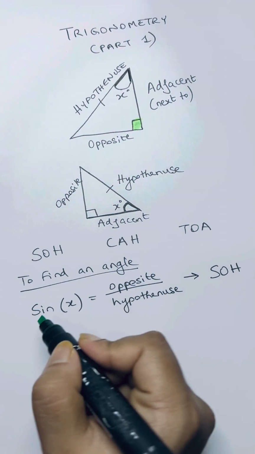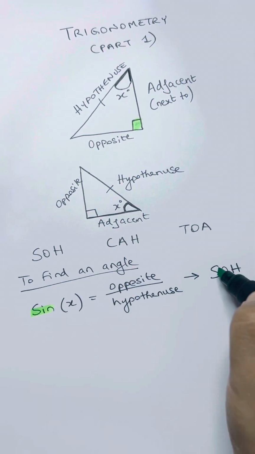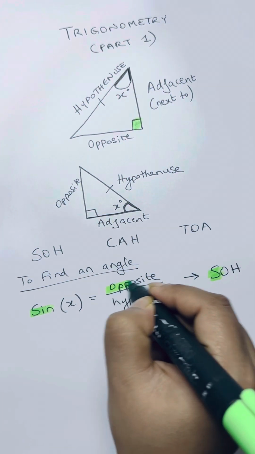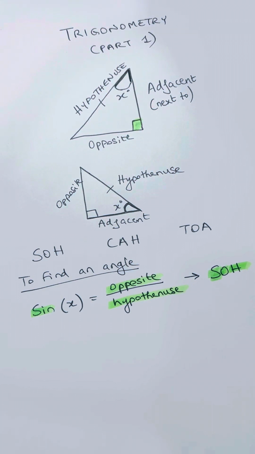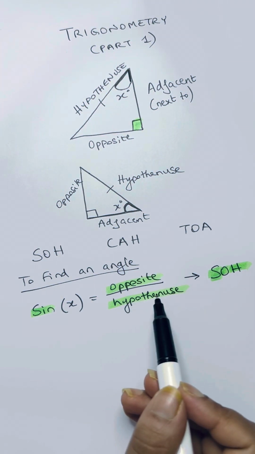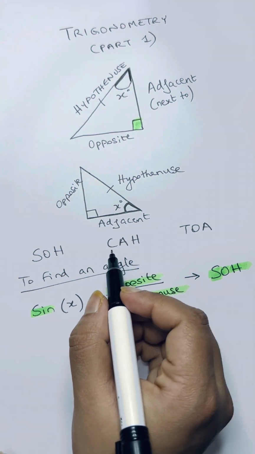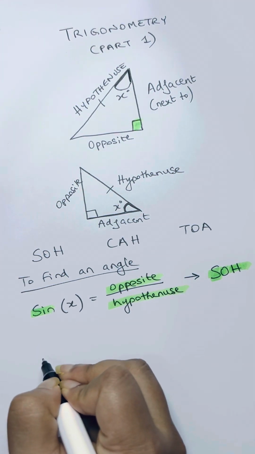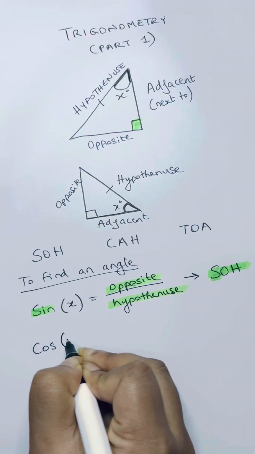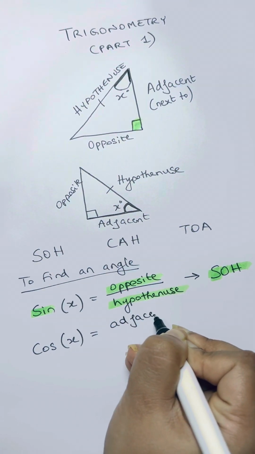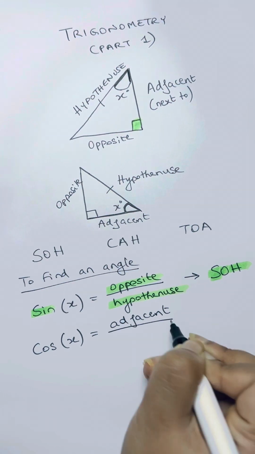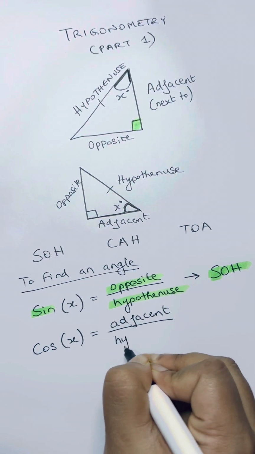How is it SOH? Because we have sine here as S, and then opposite, hypotenuse. So that's how we know that it stands for SOH. Sine of x equals opposite over hypotenuse. What does CAH stand for? CAH stands for cos of x equals adjacent over hypotenuse.